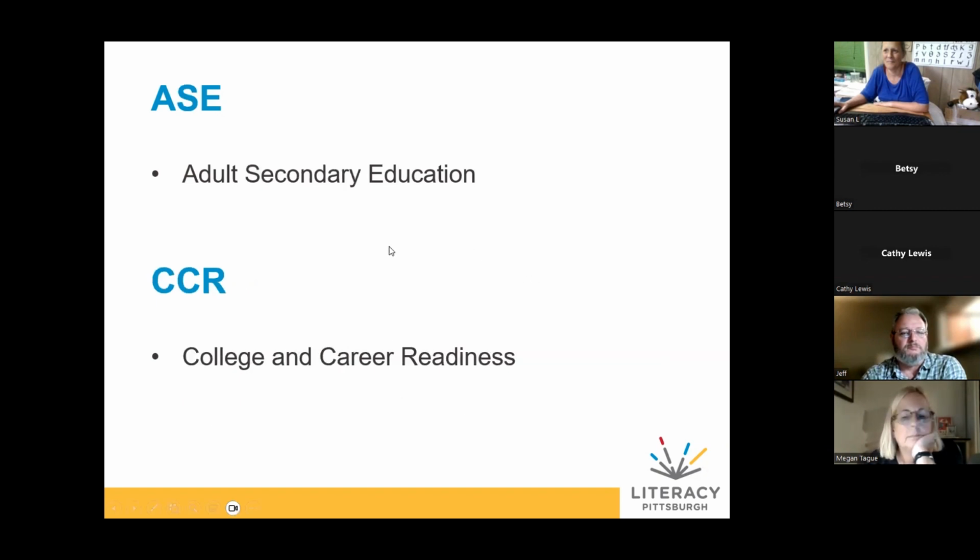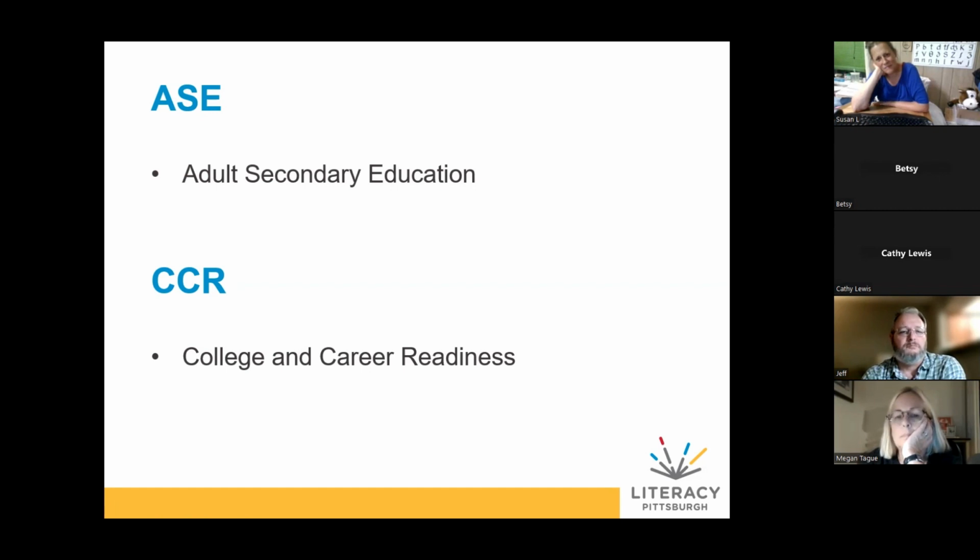And then another term that is used often is ASE, which is adult secondary education, which is sort of under that same umbrella. So a lot of our students that are ABE students, so adult basic education students, are under our college and career readiness program, which is just classes that are math and reading focused for mainly American-born students.